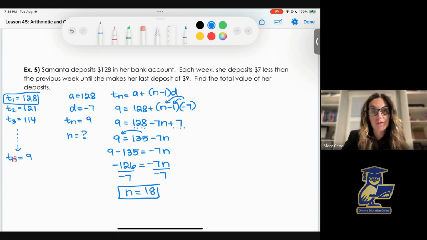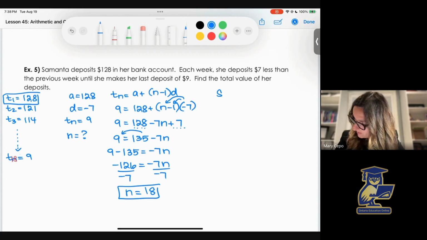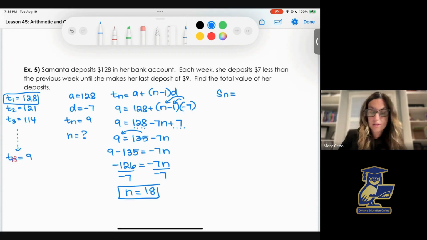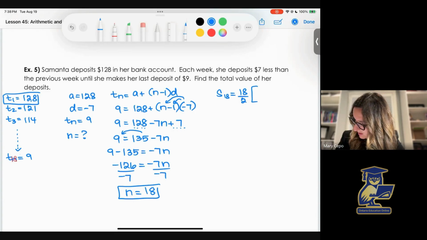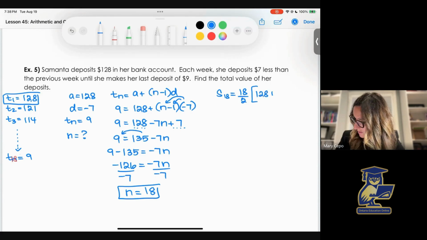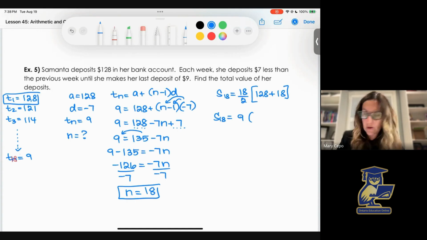Okay, we have the first and the last. We can use the modified version as the sum of an arithmetic sequence. We can say n, which is 18, over 2 times the first term, which is 128, plus the last, which is 18. 18 divided by 2, which we know is 9. 128 plus 18.